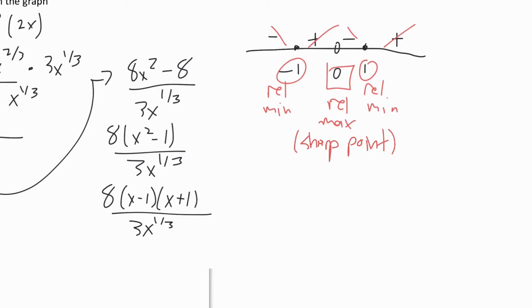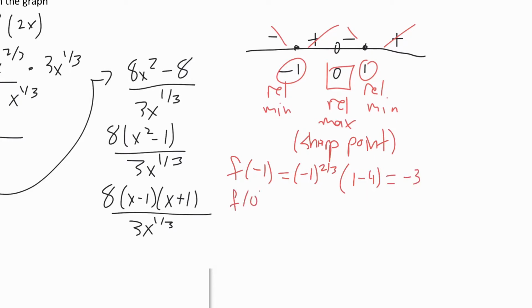Now let's find the y values for these. So let's find f of -1, f of 0, and f of 1. So we go back to the original function. So f of -1, that's a little nasty. -1 to the 2/3, and then -1 squared will be 1, so 1 minus 4. Well, -1 to the 2/3, you'll square it to give you 1, and then cube root of 1 is just 1, so this will work out to -3.